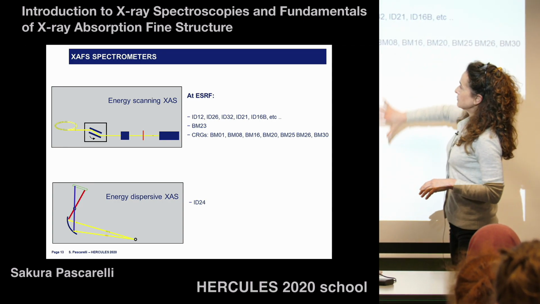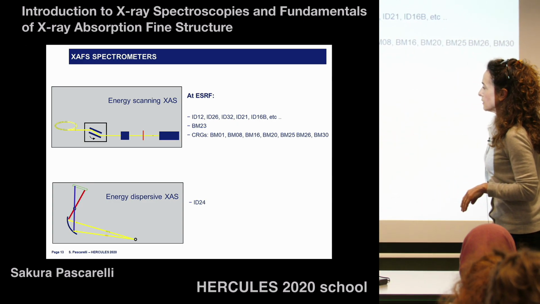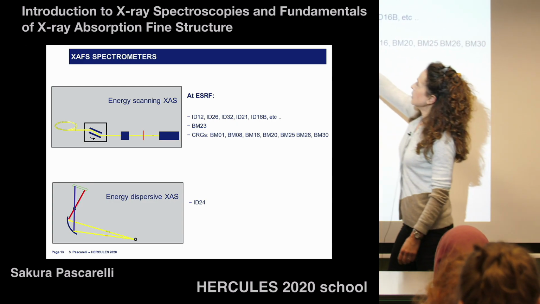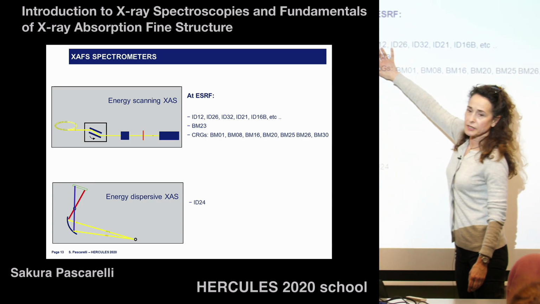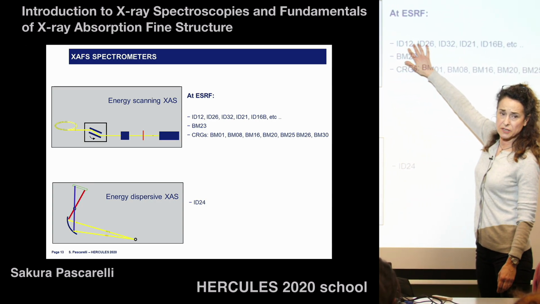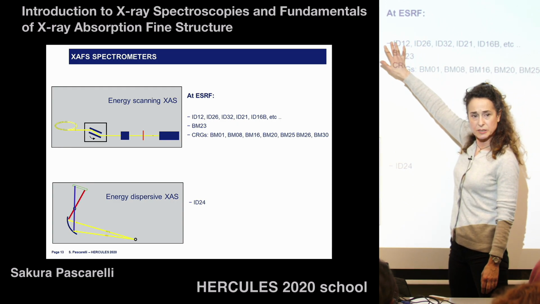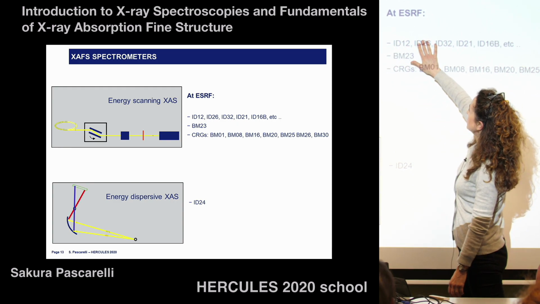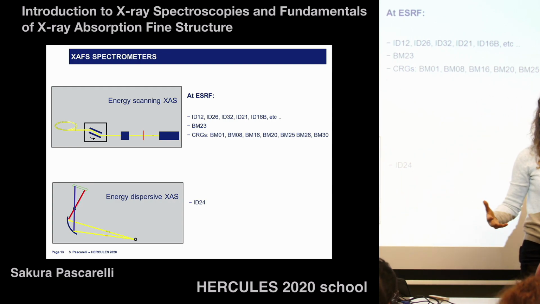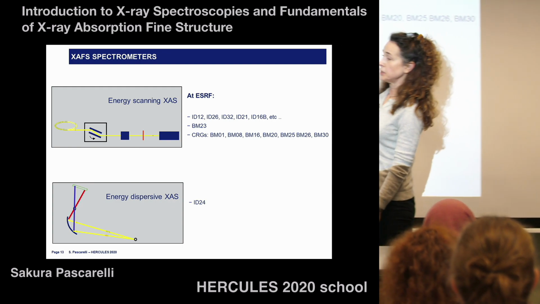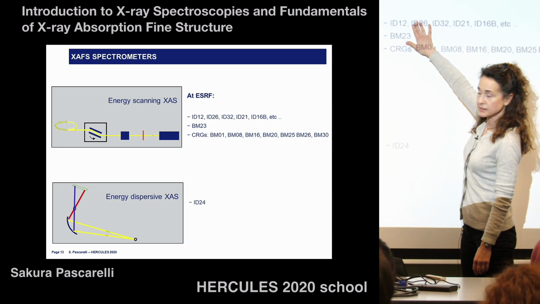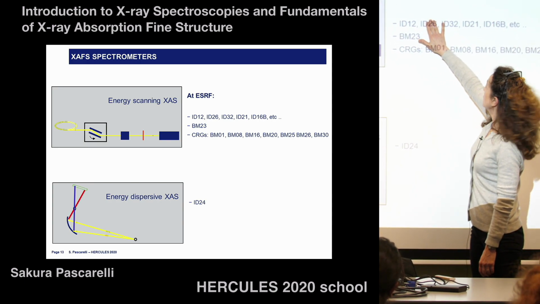Okay, so we have these very different spectrometers. Here we have a lot of IDs, meaning undulator beamlines typically. We don't have many wigglers here. So they're all very specific. ID12 does polarization-dependent absorption spectroscopy. ID26 is optimized for high brilliance. They do a lot of emission spectroscopy, resonant inelastic X-ray scattering, RIXS, absorption too.